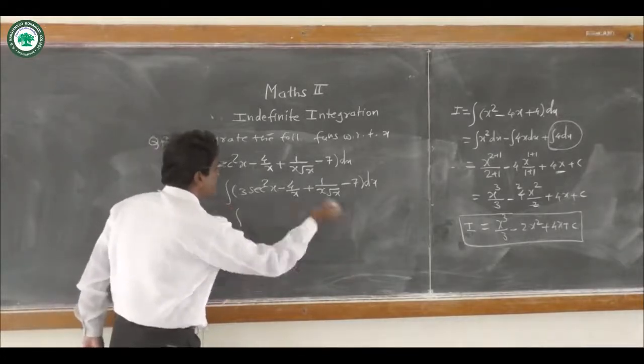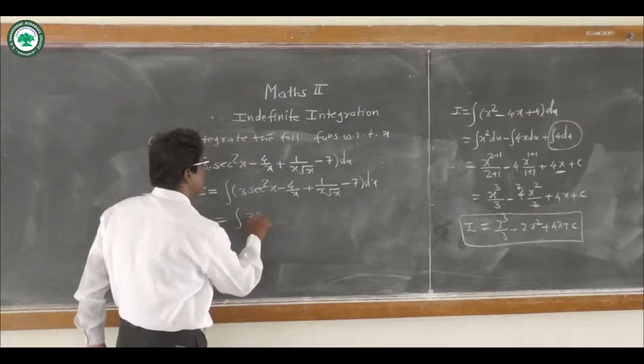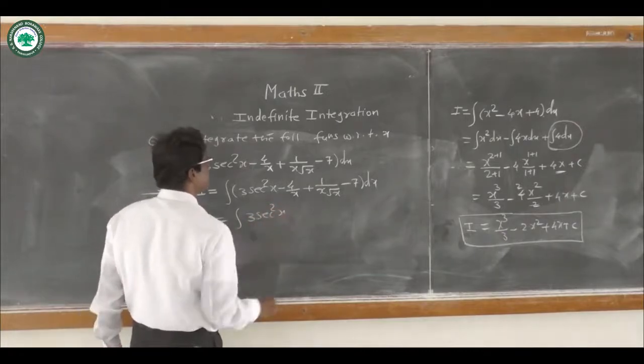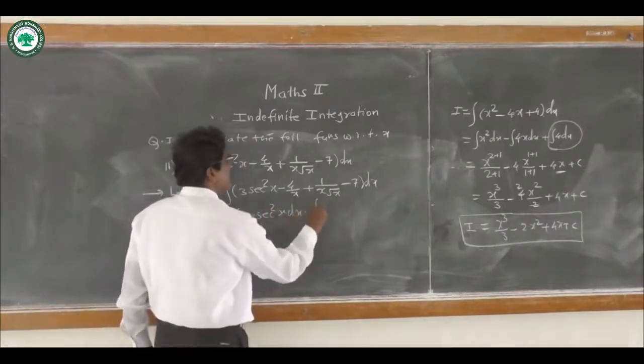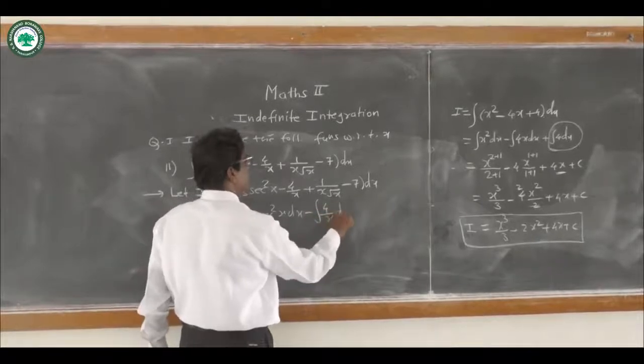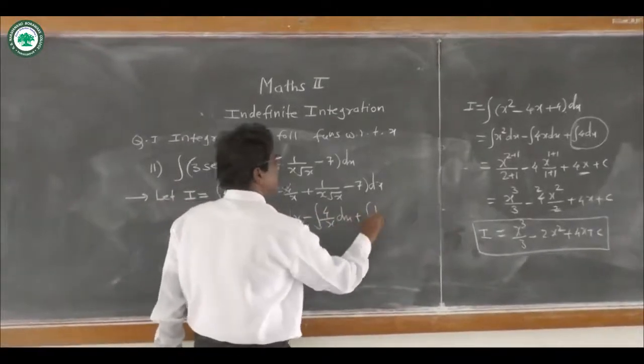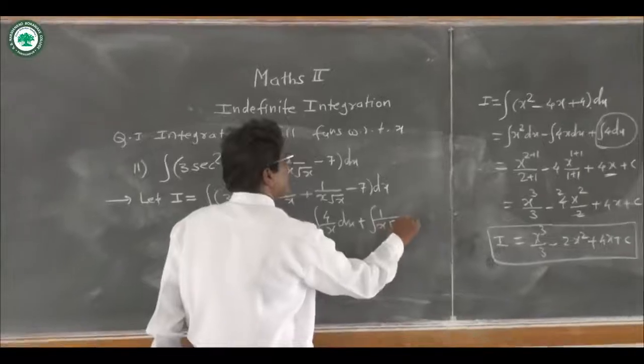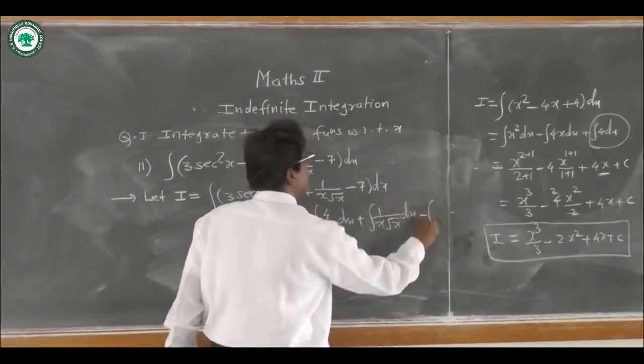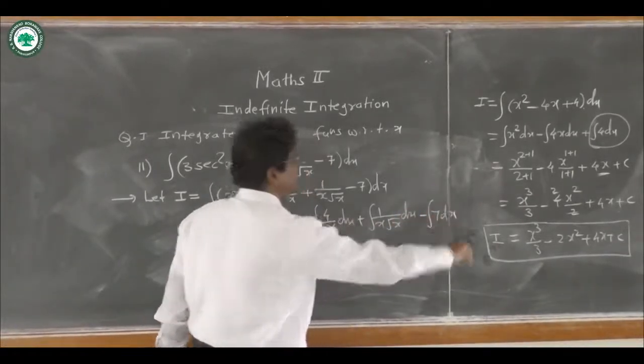take the separate integration. So integration of 3 sec square x dx minus integration of 4 upon x dx plus integration of 1 upon x root x dx minus integration of 7 dx.